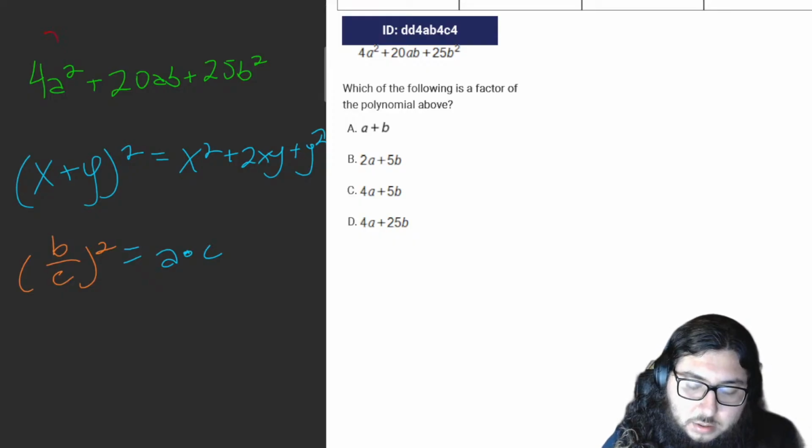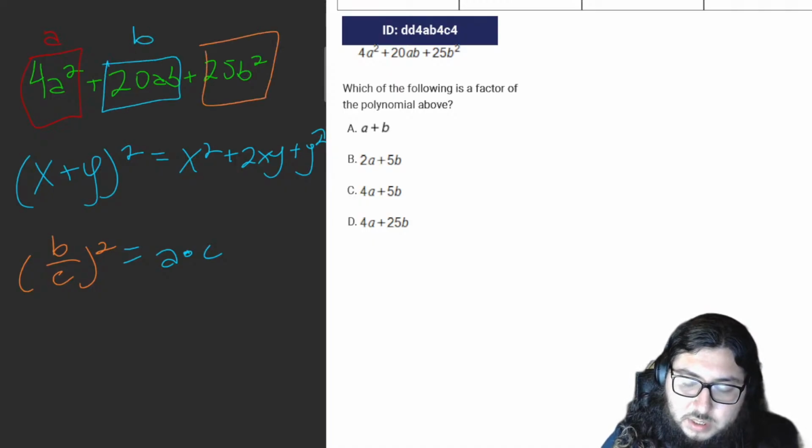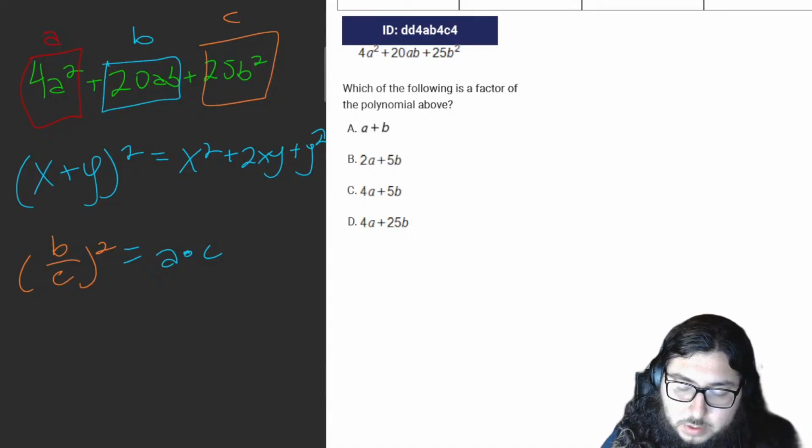So a, 4a squared, b, 20ab, and c, what do we have here?